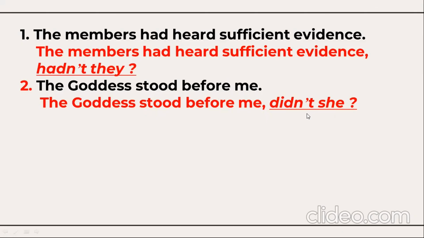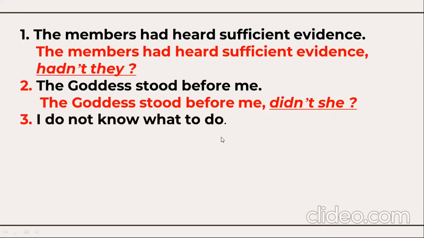Some people say didn't, some people say didn't, but the right pronunciation is didn't. Why didn't? Because of this main verb that's in the past tense. Didn't she? Now, I do not know what to do. So it's very easy. It's in the negative form.